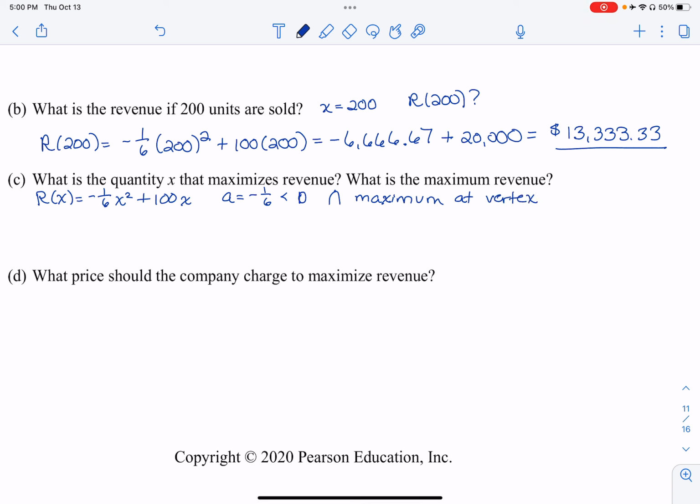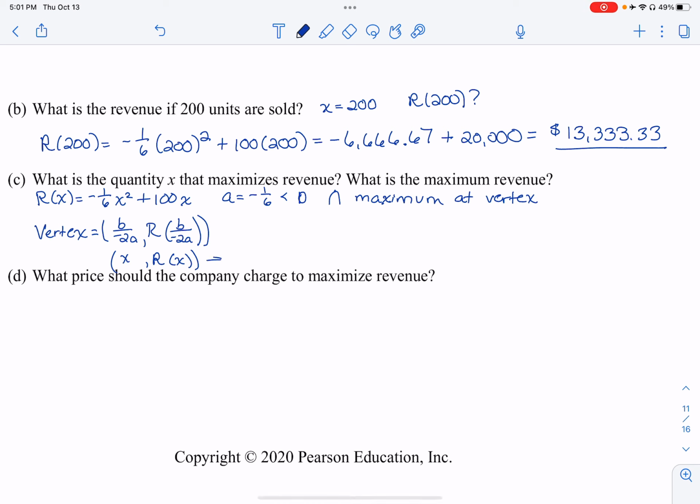So we have an X at the vertex and f of X at the vertex also. To find the vertex, remember we can find that at b over negative 2a and f of b over negative 2a. So the quantity is going to be our X term, and this is our f of X term, which is going to be our revenue in this case. So let's change that to an R of X.